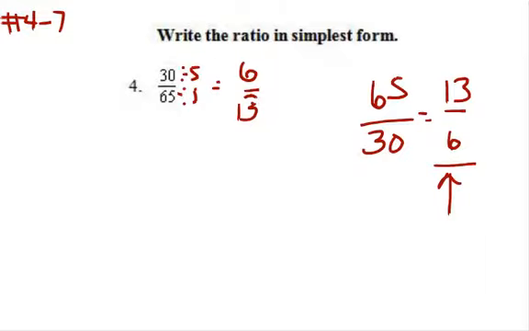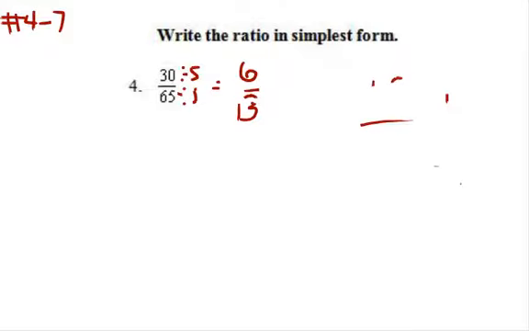Unless you're asked to actually do the division, you want to leave it looking improper. But since this was not the question you were given, I'm going to get rid of that. And there you go, there's number 4. Let's make that a little nicer looking. It's 6 over 13, or 6 to 13.